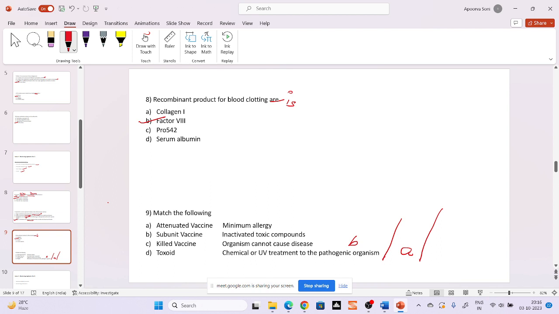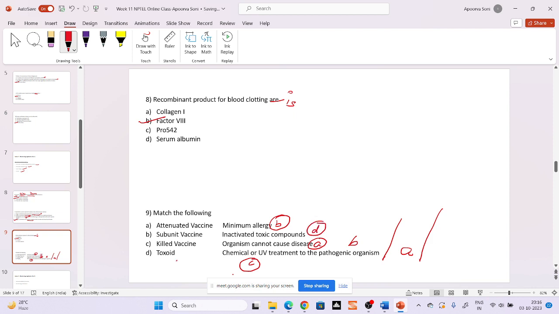Organism cannot cause disease. Okay. And for subunit vaccines? Minimum allergy. Okay. Killed vaccine? Chemical or UV treatment to the pathogenic organism. Okay. And toxoid is inactivated toxic compounds.